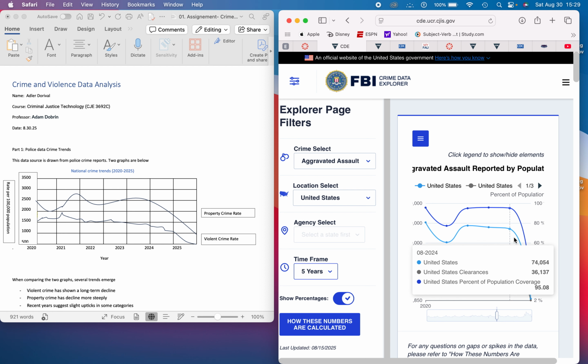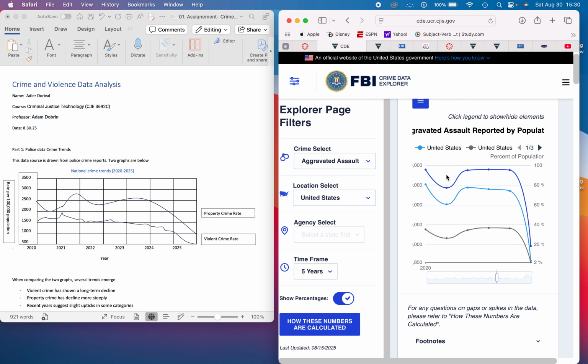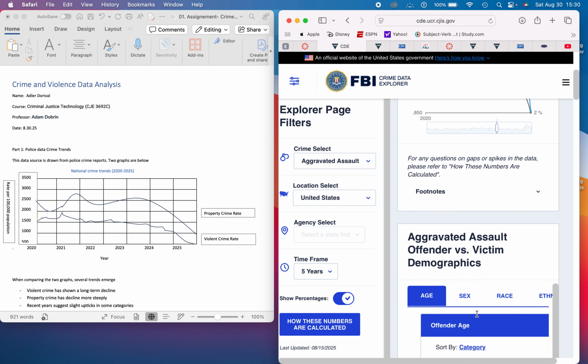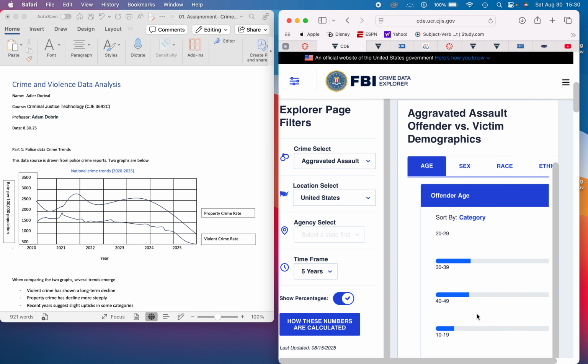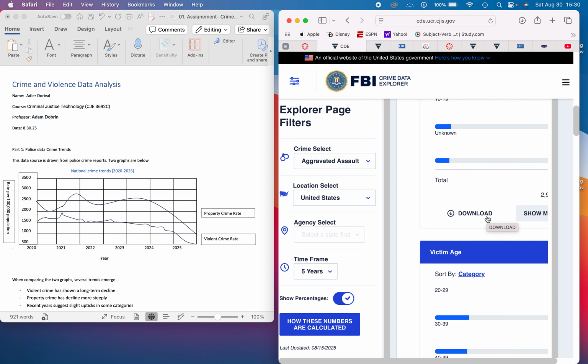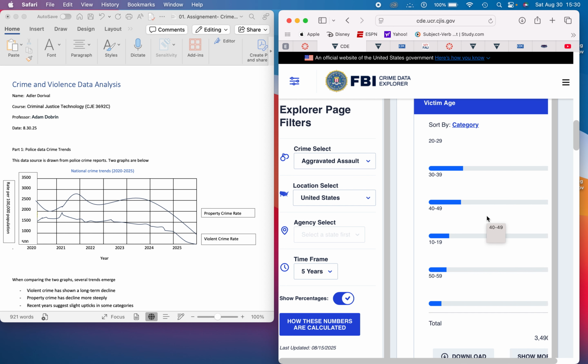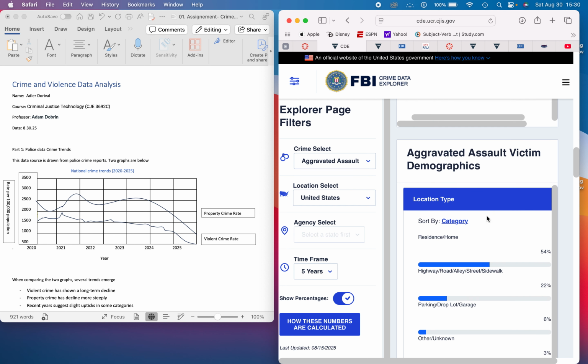So this is for violent crime, and like I said, I chose aggravated assault. You could choose something else: homicide, rape, or robbery. Also, if you go down, you will see the number of crimes per age, sex, race, and ethnicity. As you can see right here, the total by age, victim age, and demographics.